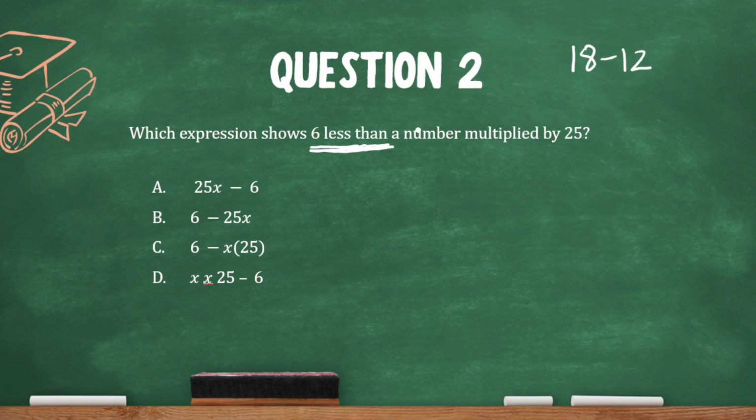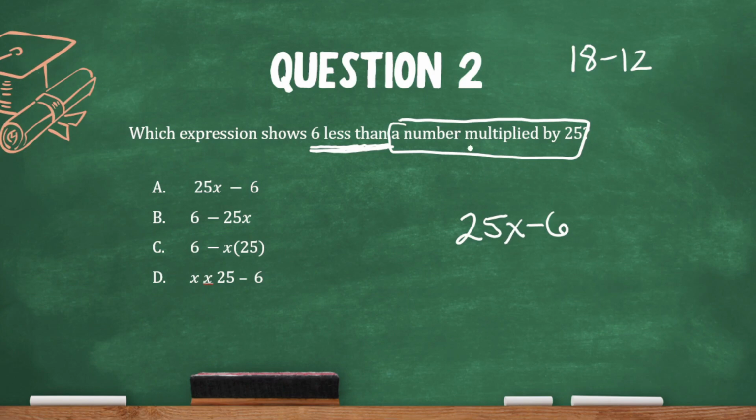So if they say 6 less than, we're going to have minus 6 at the very end. 6 less than a number multiplied by 25. So whenever we have just a plain number multiplied by something, we just write it next to the variable, the letter. So that is 6 less than a number multiplied by 25.